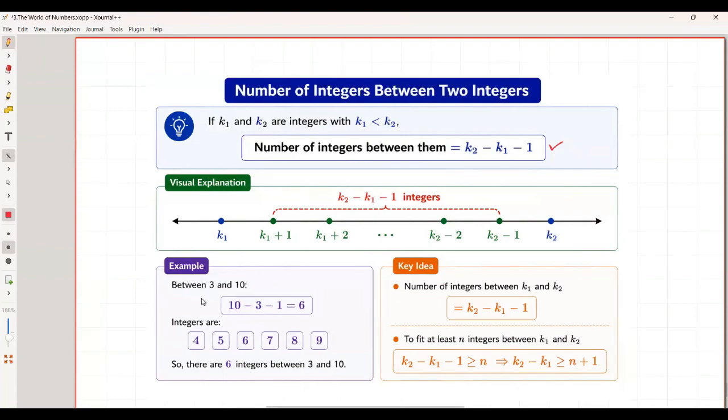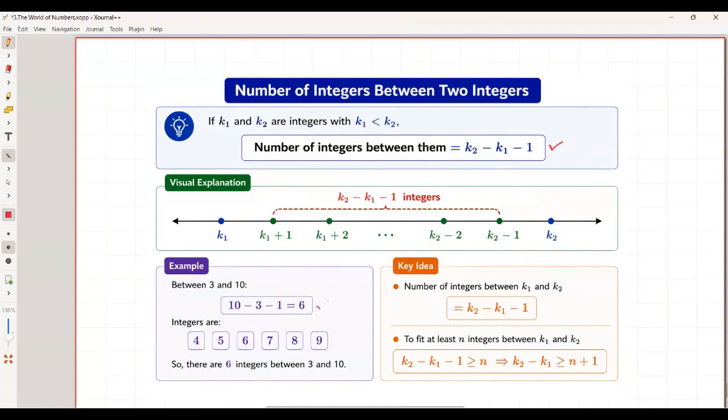For example, if you want to find the numbers between 3 and 10, it means 10 minus 3 minus 1. That is the rule, K2 minus K1 minus 1. 10 minus 3 minus 1 is 6.